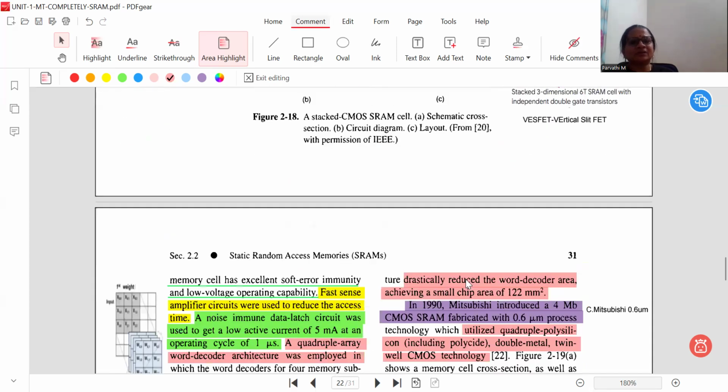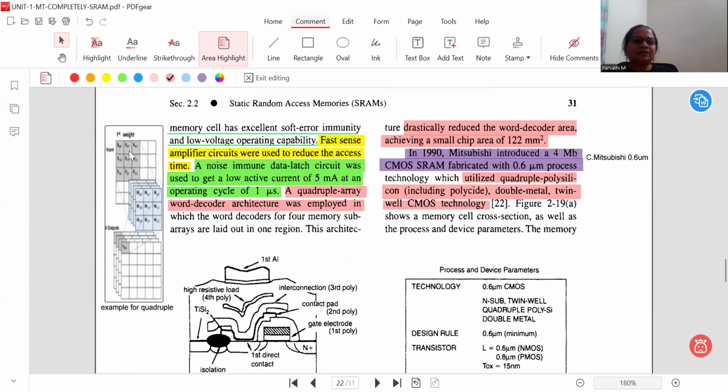These advanced technologies also use fast sense amplifier circuits as well as decoders. Sense amplifiers must be modified so that they capture the written value as well as write the value, and they must be very fast to act. So fast sense amplifier circuits were used to reduce access time.